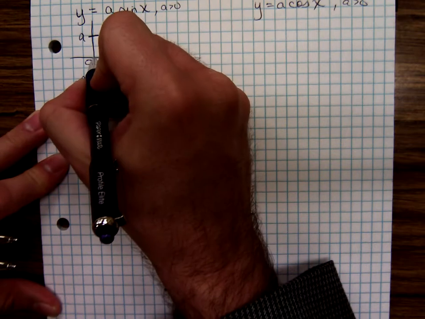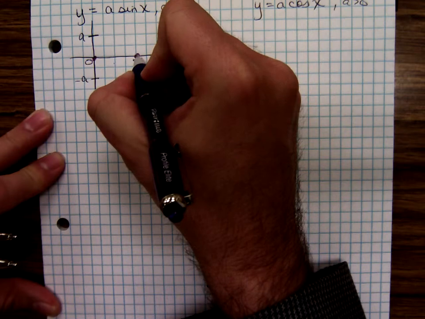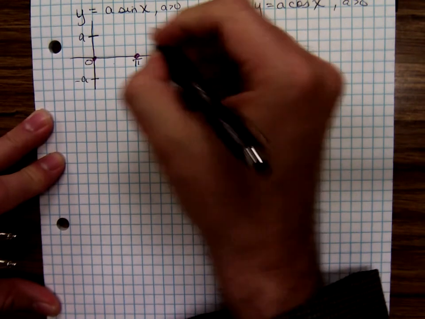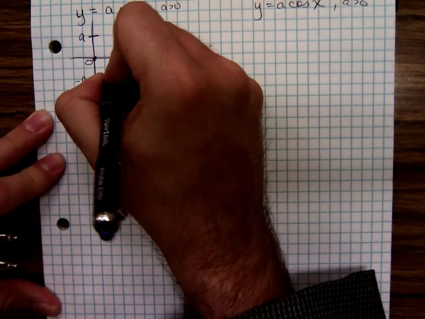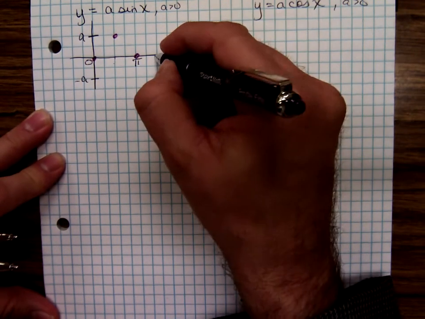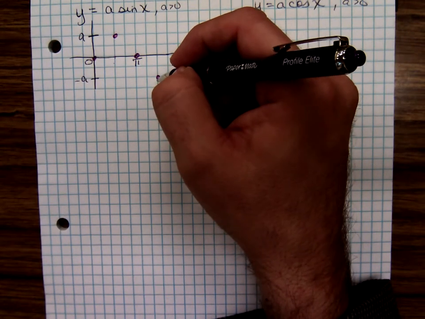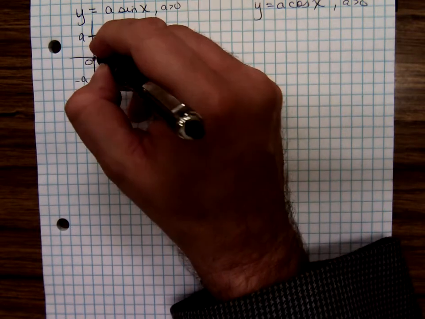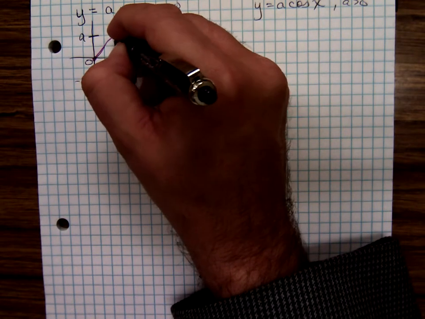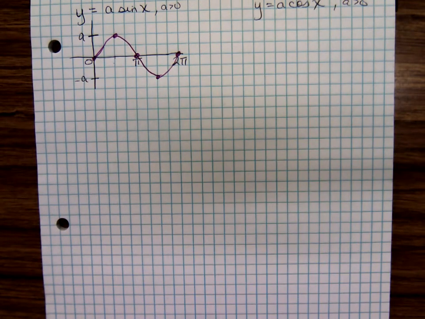The sine of 0 is 0, the sine of pi is 0, the sine of 2 pi is 0. At pi over 2, sine is 1, so 1 times a. At 3 pi over 2, sine is negative 1, so a times negative 1. So here's a very rough graph of y equals a sine x.